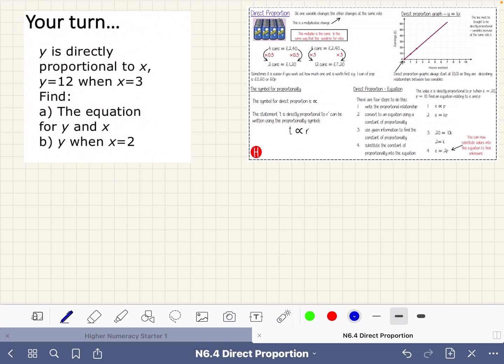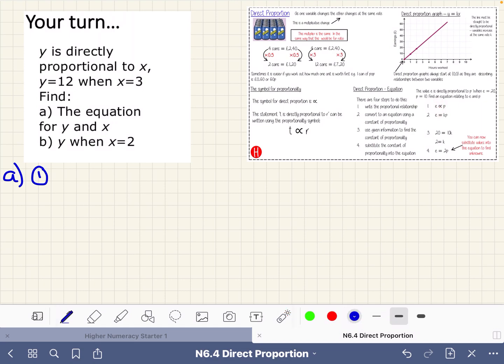Okay, so in part A, we are asked to work out the equation for y and x. We do this using our steps 1 to 4 as outlined in this table here, where our first step is to write the proportional relationship using this direct proportion symbol.